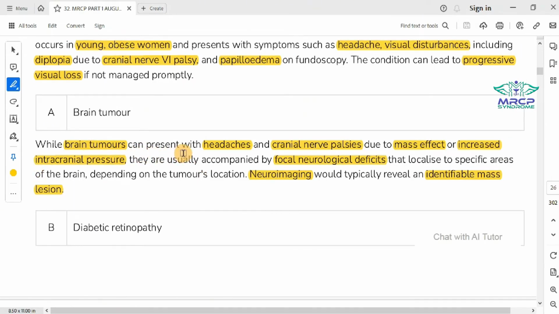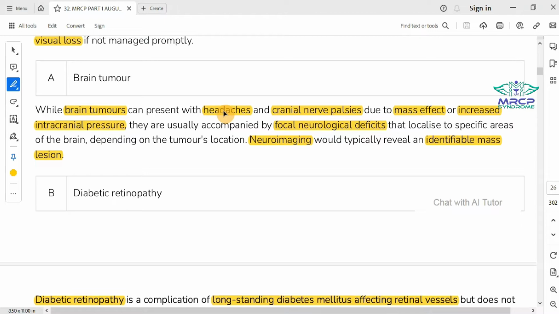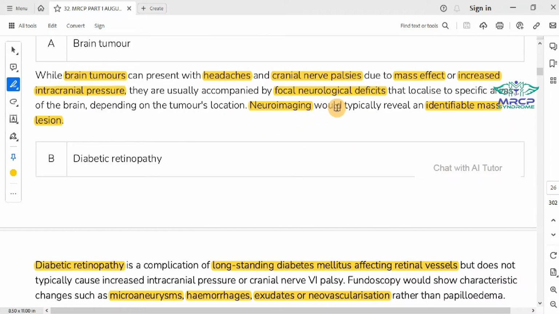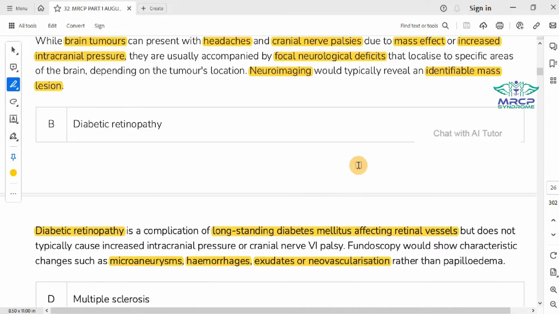While a brain tumor can present with headache and cranial nerve palsies due to mass effect or increased intracranial pressure, it is usually accompanied by focal neurological deficits that localize to specific areas of the brain depending on the tumor's location. Neuroimaging would typically reveal an identifiable mass lesion.